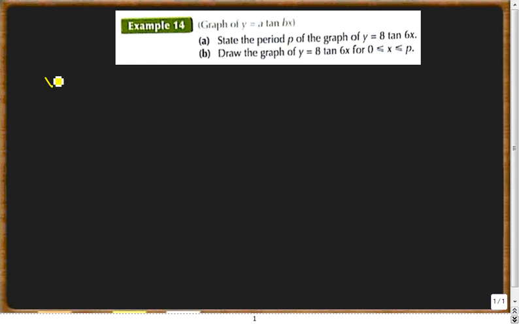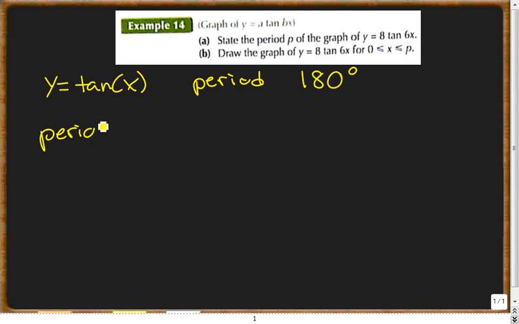So for regular y equals tangent of x, the period is 180 degrees. To find the period of any other one, it's going to be whatever the coefficient of x is, whatever this b value is, under 180 degrees.